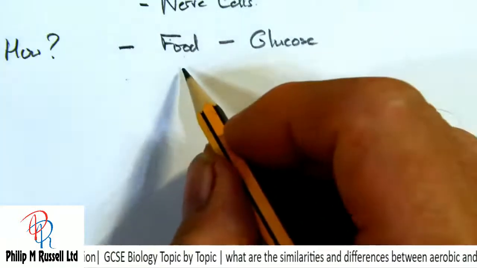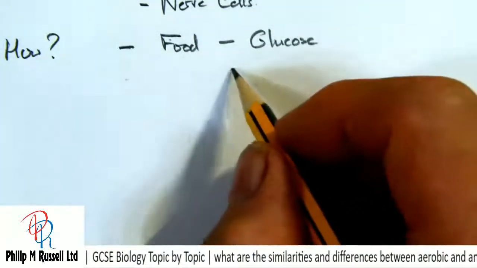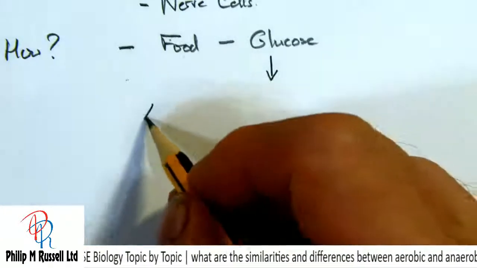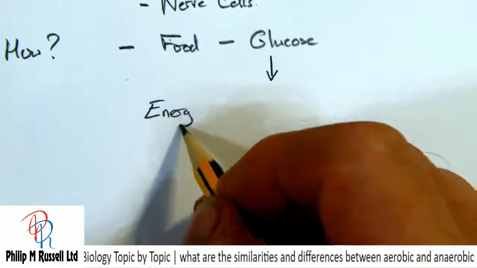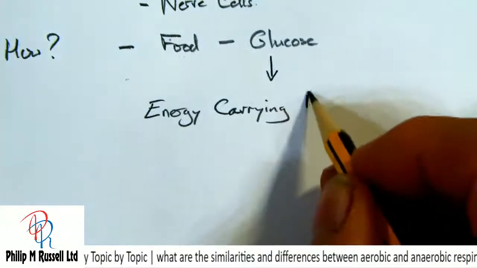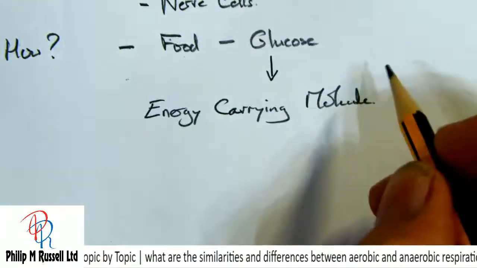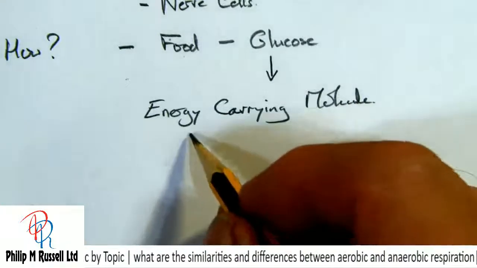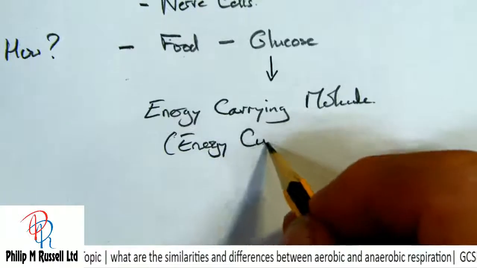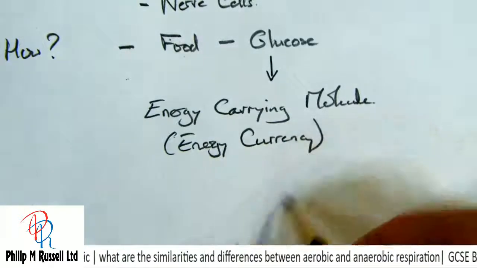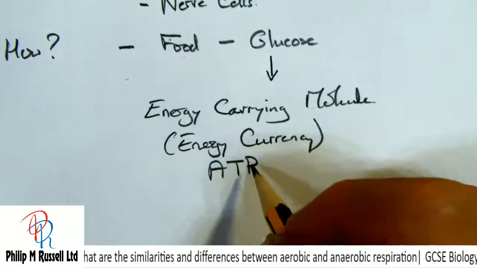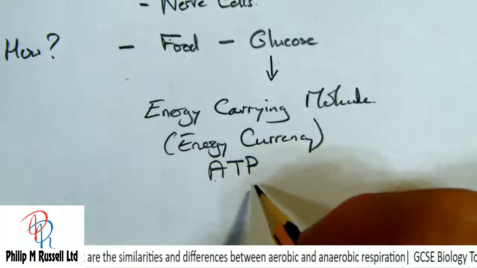Now, once we've got this glucose, we change this into an energy carrying molecule. And this energy carrying molecule is, if you like, the energy currency, and it's called a molecule of ATP, adenosine triphosphate.